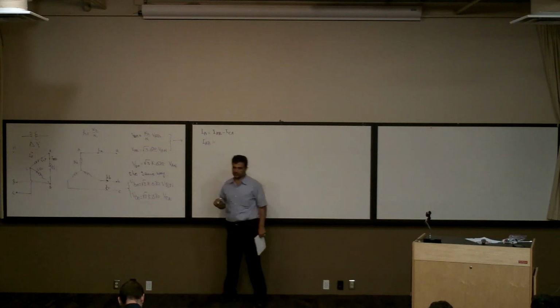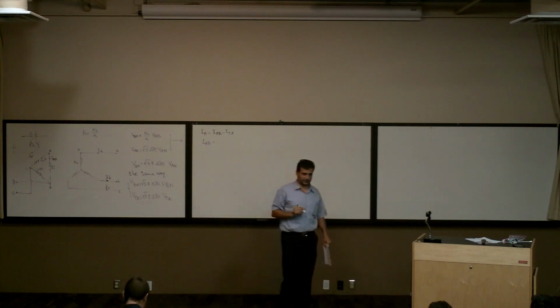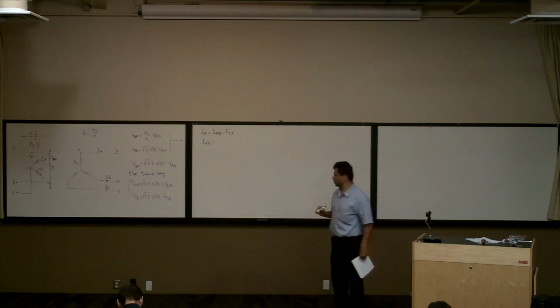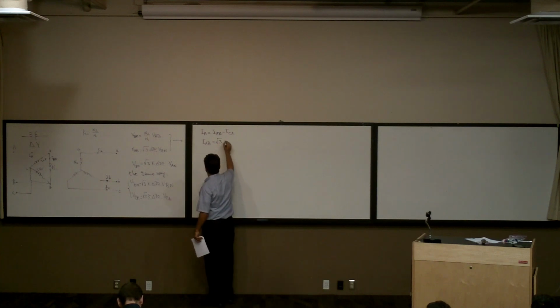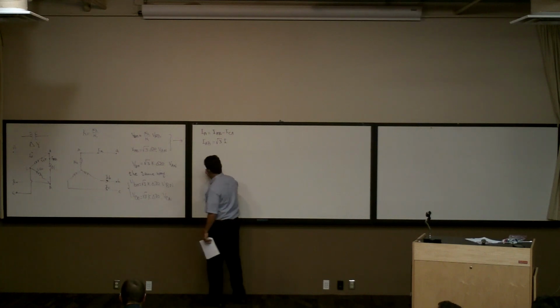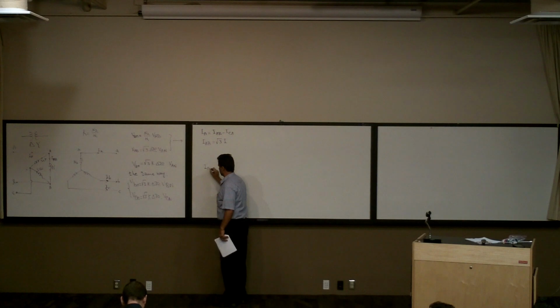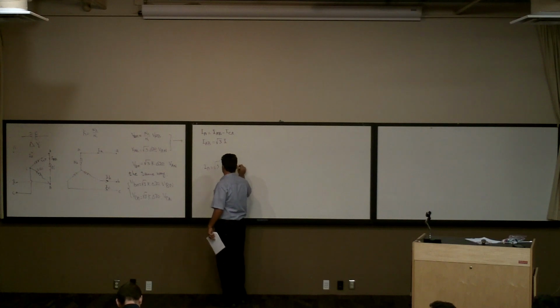You said in the delta connection, the line current is the square root of 3 times the phase current. We say the line current IA is equal to the square root of 3 times the phase current with the minus 30 angle. So basically IAB is going to be IA over square root of 3.